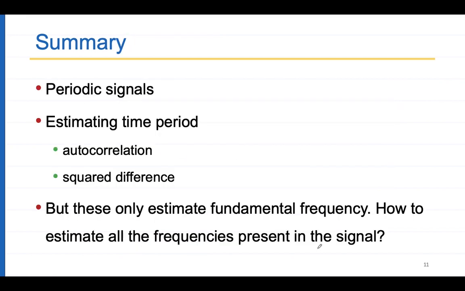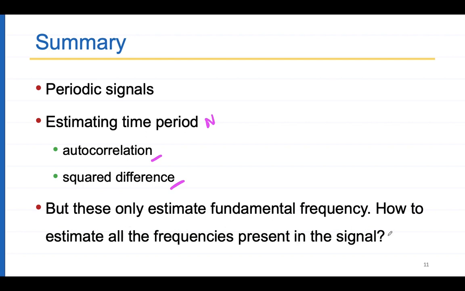Summarizing what we saw in this video, we looked at periodic signals. We looked at different ways to estimate the time period, capital N, of the signal. In particular, autocorrelation, both biased as well as unbiased, and squared difference. But these only estimate the fundamental frequency of the signal. How do we estimate all the frequencies present in the signal?